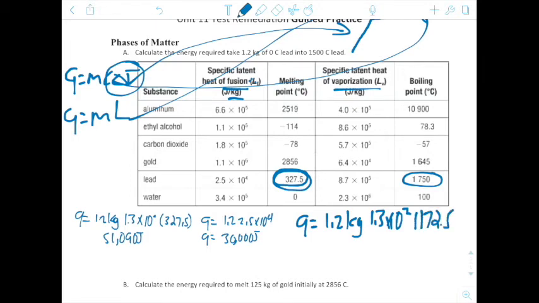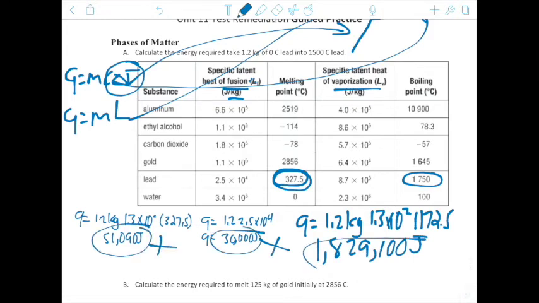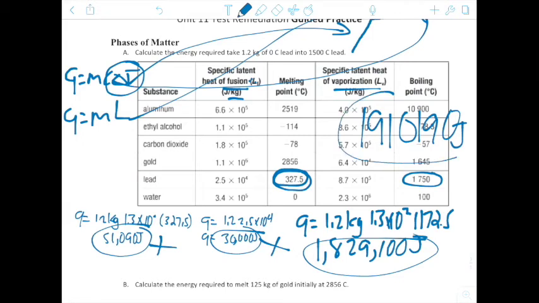We multiply those together, and we get a Q value of 1,829,100 joules. And all we do is add all of these Q values together, and we get the amount of energy that it took, which would be 1,910,190 joules of energy.